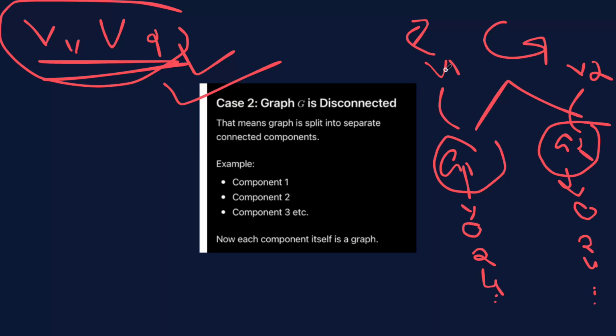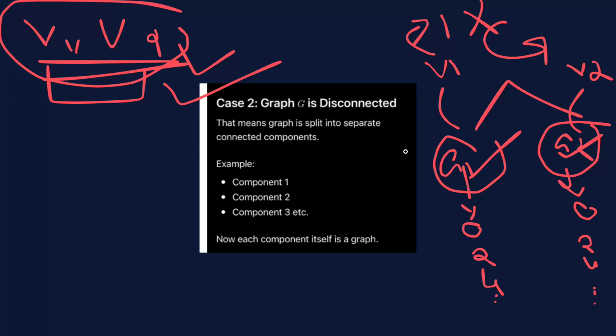That means this one vertex of odd degree is only present in G1, but that cannot be the condition, because according to the handshaking lemma, the number of odd degree vertices in a graph would be what? Even. So in G1 there should be an even number, in G2 there should be an even number. So we have to conclude that V1 and V2 together should be in any one of the components, if the graph is disconnected.